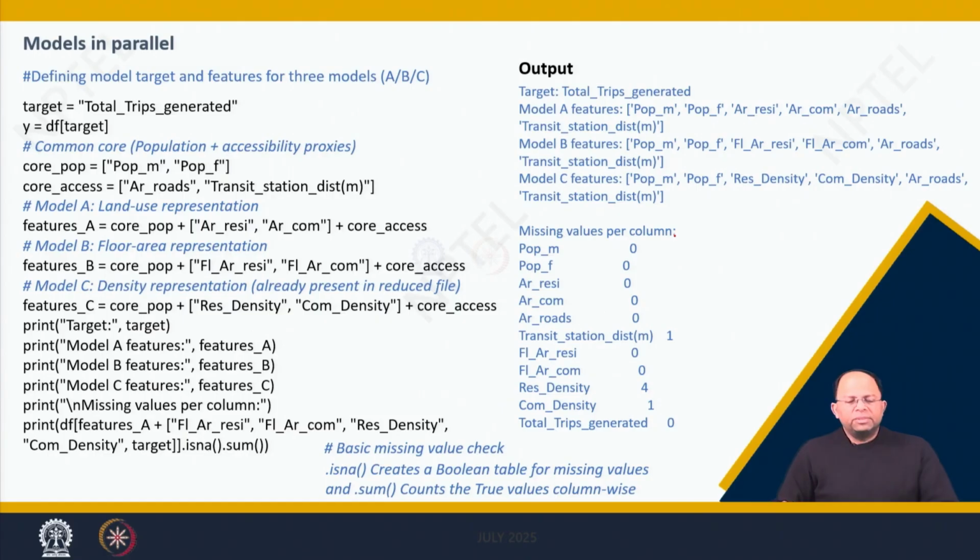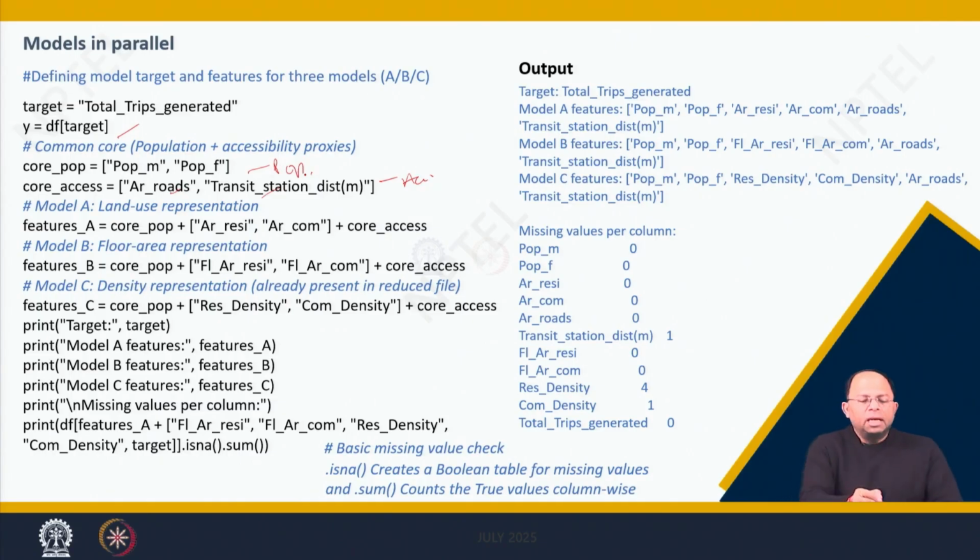So what we are doing is first defining the models. The target variable remains the same, but we will change the features in the model. The core population is both population M and population F, and core access is this group of variables: roads and transit station. These are the accessibility values, and these are the population values. So these two remain the same.